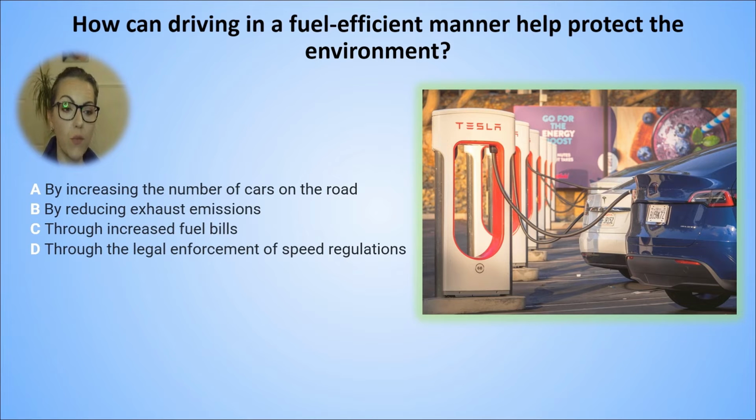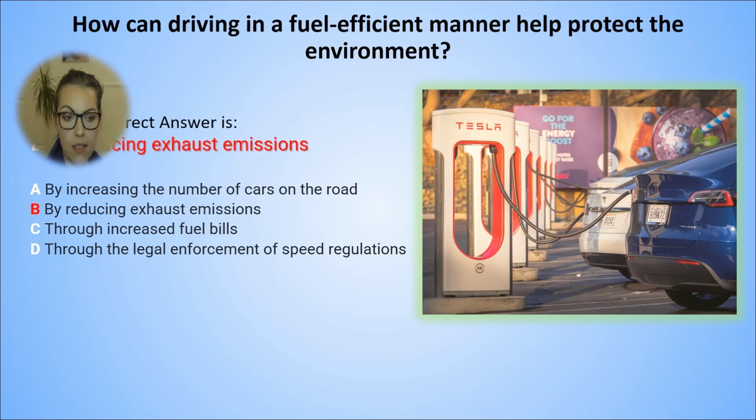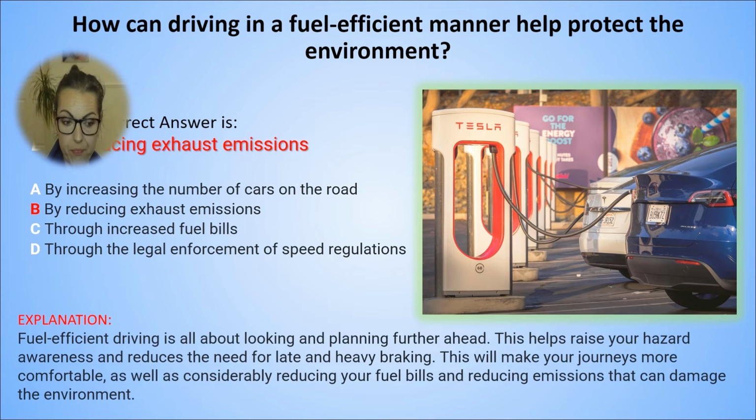So let's start the countdown. 5, 4, 3, 2, 1. Ready? The correct answer is B. By reducing exhaust emissions. Explanation. Fuel-efficient driving is all about looking and planning further ahead.